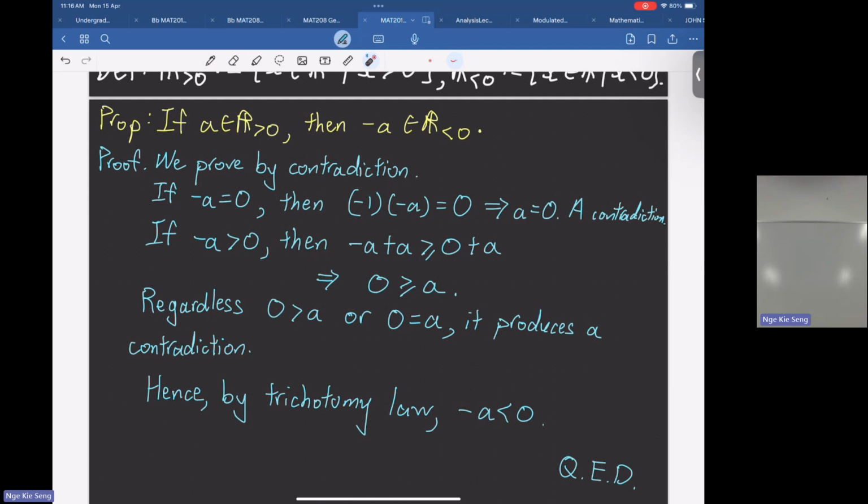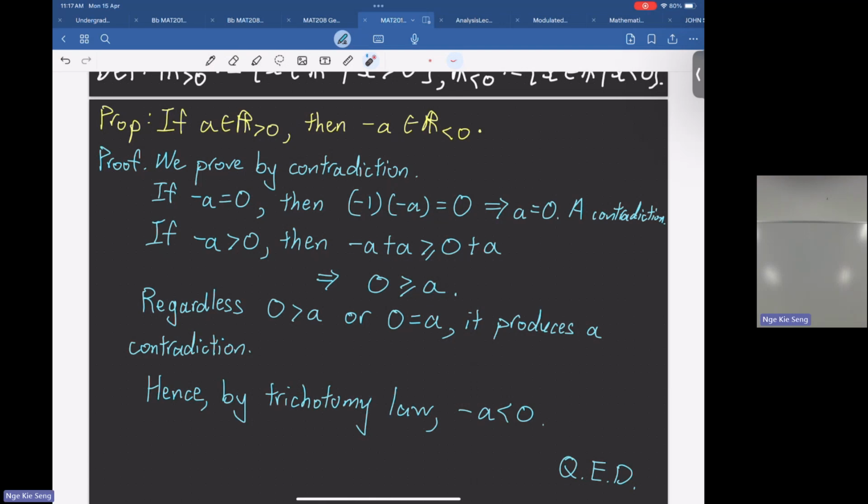For example, 2 is greater than 0, and minus 2 is less than 0. So why, when you multiply by minus, does the inequality swap? We prove it by contradiction here. If I know A is greater than 0, how many possibilities can I compare minus A to 0?